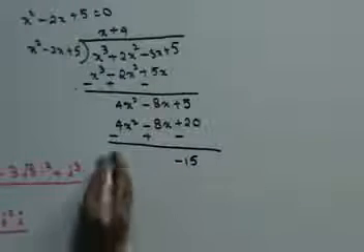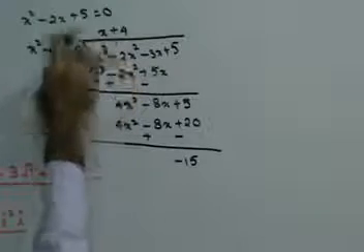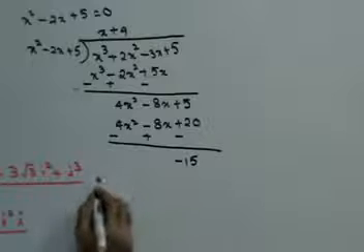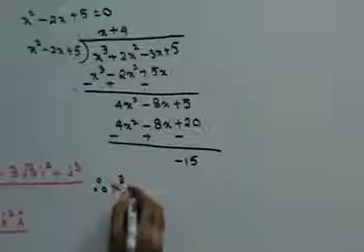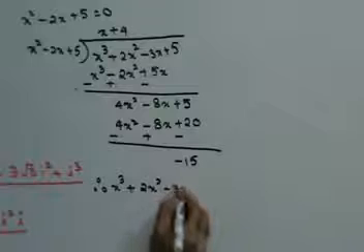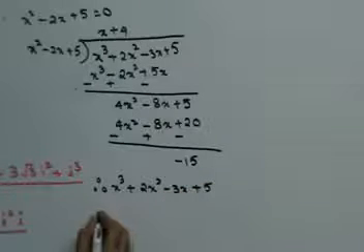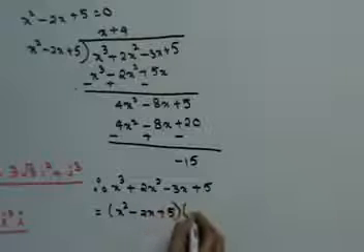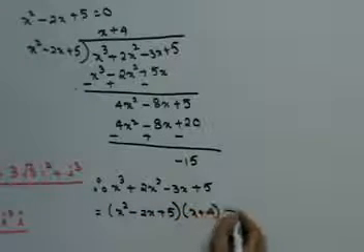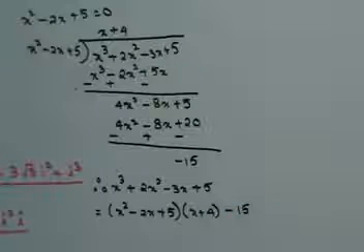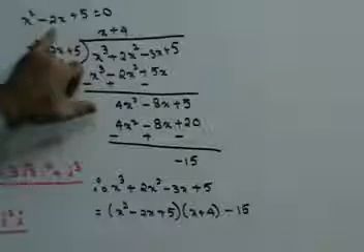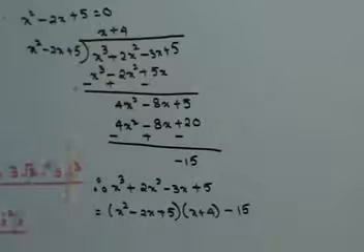Now, we know that dividend is equal to divisor into quotient plus remainder. I can therefore say that the dividend is equal to the divisor into quotient plus remainder, but the value of x square minus 2x plus 5 we found out as 0.